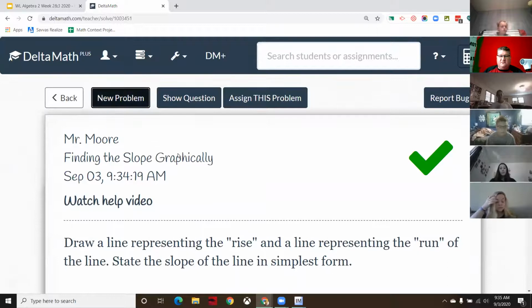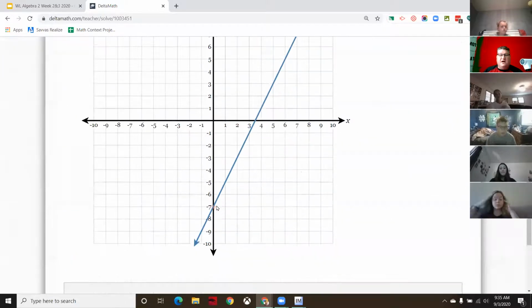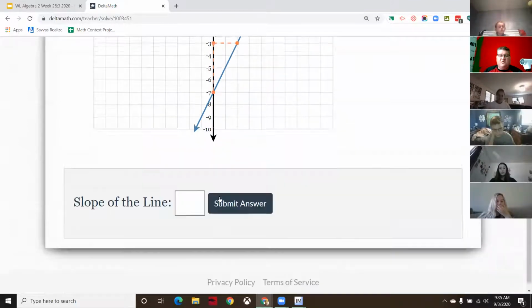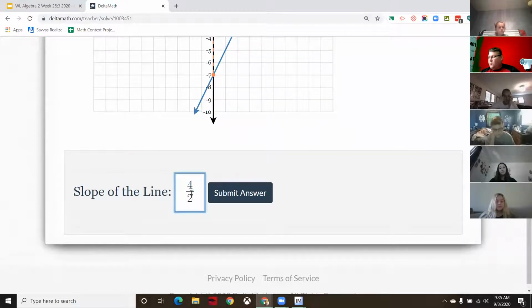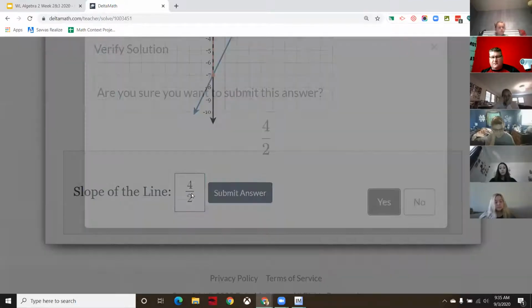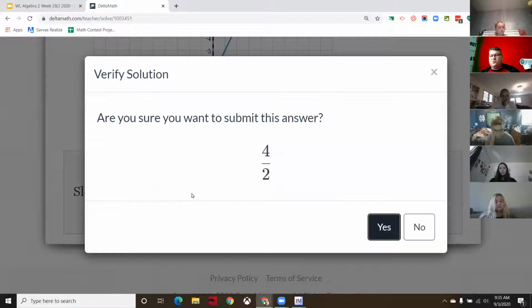Let's do another one. Here, this crosses here. Where does it cross? Somewhere up here, right? So I'm going to go up this many, over that many. So up 1, 2, 3, 4, over 1, 2. Up 4 over 2. Now watch what happens. Are you sure you want to submit this answer? Am I?